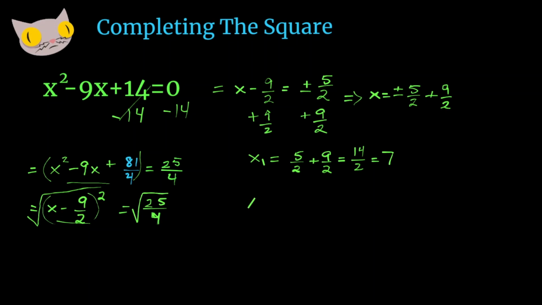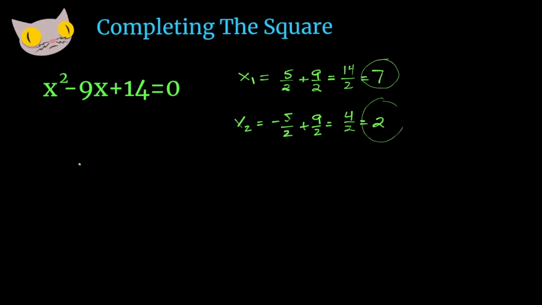And our x2 value will be the negative case, negative 5 over 2 plus 9 over 2. That's going to give us 4 over 2, or just 2. So therefore, our final answers are 7 and 2.